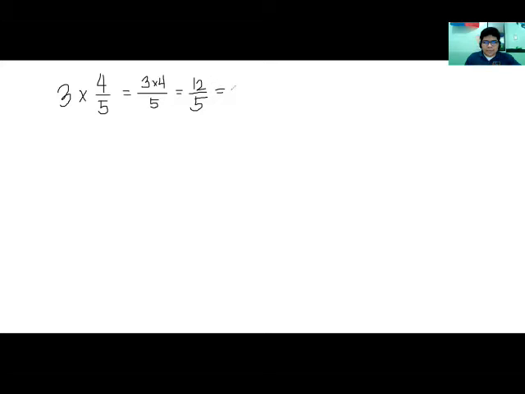So, pwedeng dalawang 5 is 10. And then 2/5. Okay, so we have now 2 and 2/5. That's our answer here. So how many hours? 2 hours and 2/5 hours. 2 and 2/5 hours ang kailangan niyang time to read 3 books.